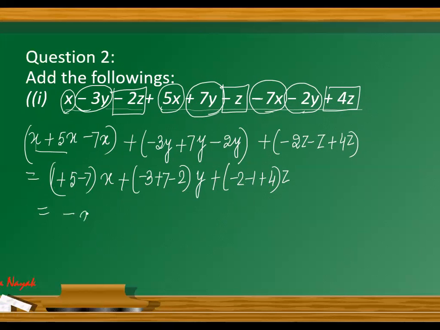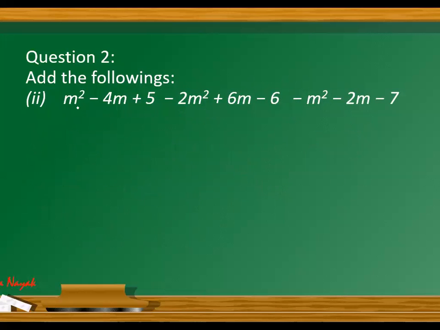So this will be minus x. Next, coming to y, minus 3 minus 2 is minus 5, plus 7. This will be plus 2y. Next is z. Minus 3 plus 4. It will be plus z.